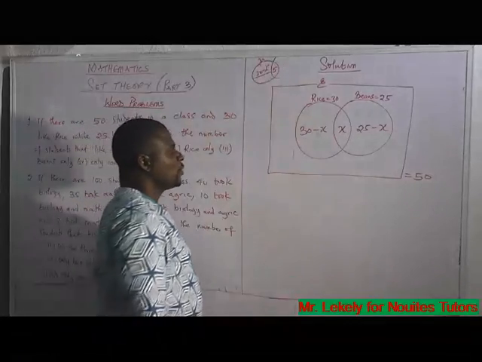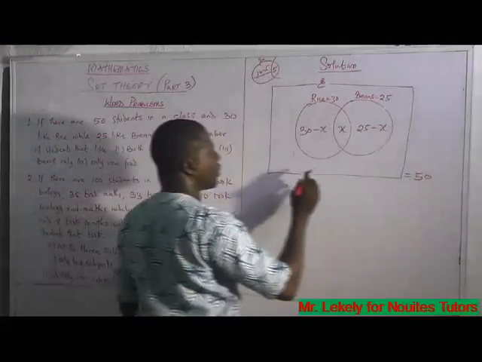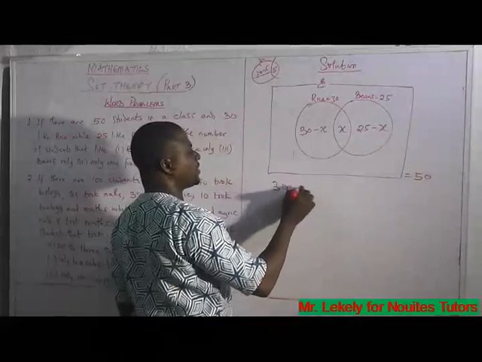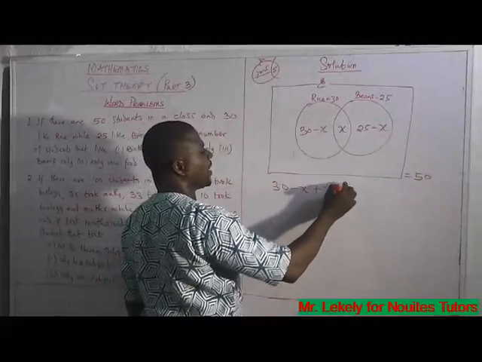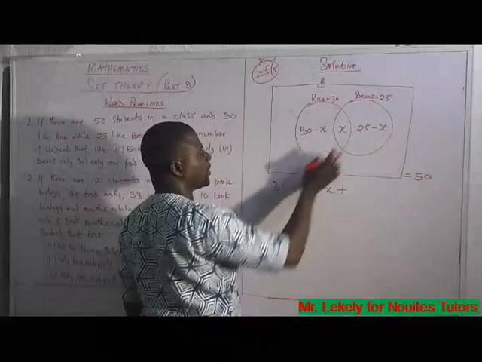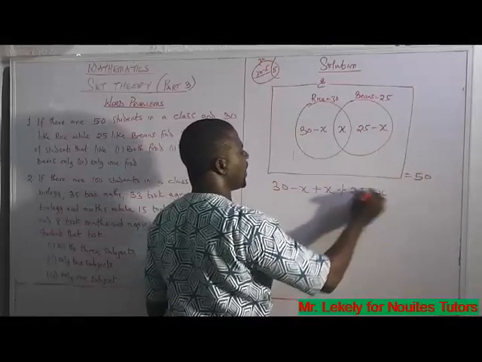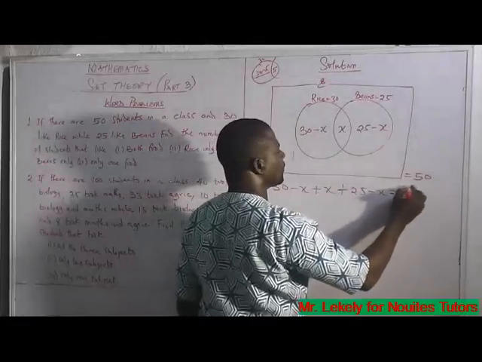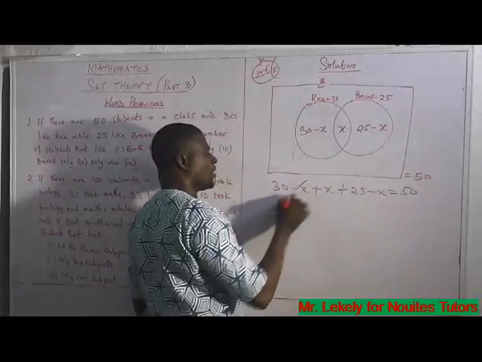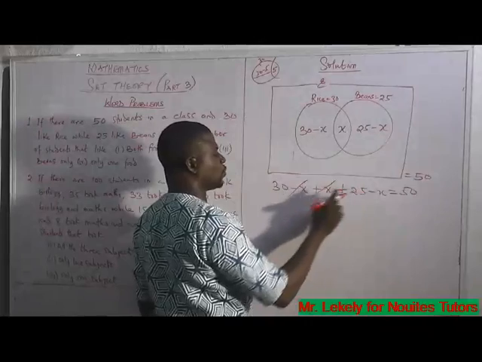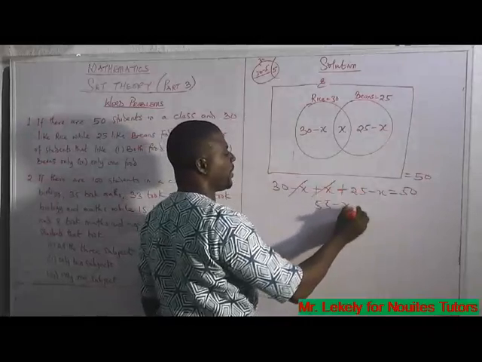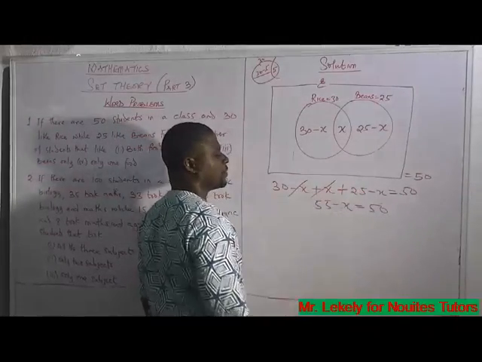You see that? So let's add this together and equate it. I'm going to have 30 minus X plus X plus 25 minus X equals 50. So minus X cancels plus X. 30 plus 25 is 55, minus X equals 50.